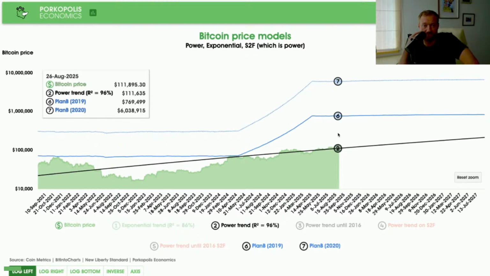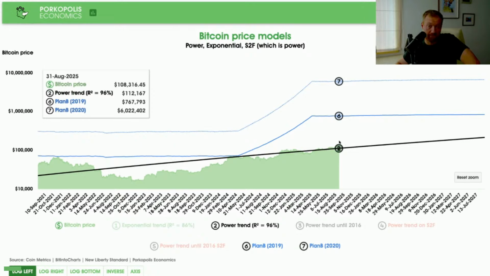Can you imagine in 2021, perhaps thinking we're going to have $6 million Bitcoin in 2025 based on the model, when we have $110,000 Bitcoin, which is exactly what the power trend predicts, which I'll show you in a second, versus the 2019 model, which is actually still a little bit better, which again is just a random date that is picked from the first article, which again is after Giovanni and myself were posting about the power curve.